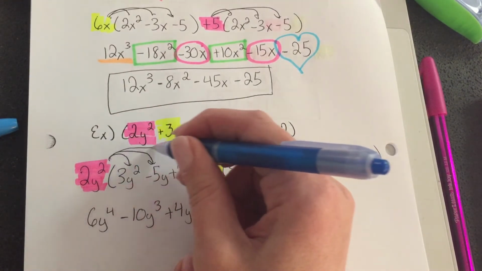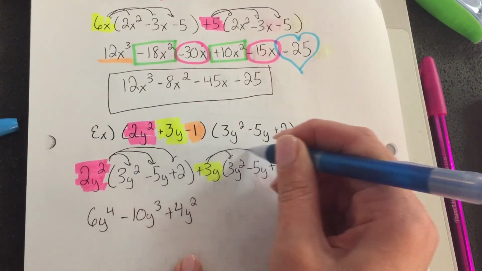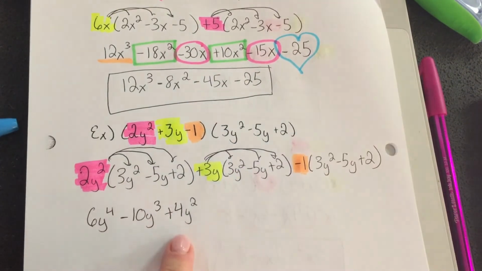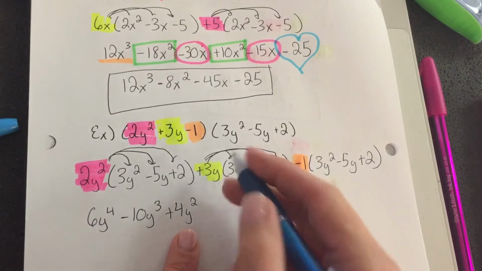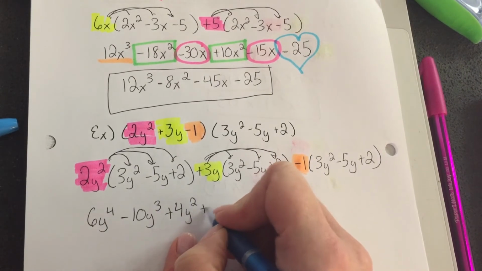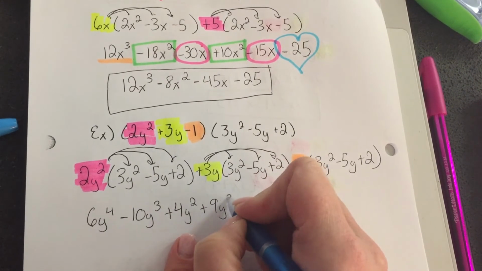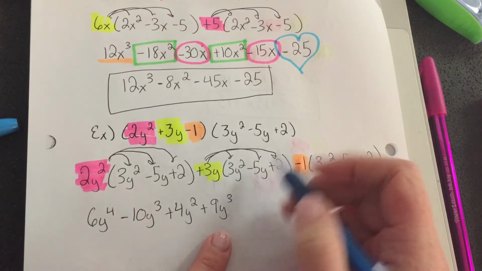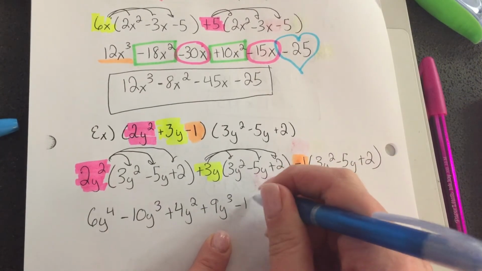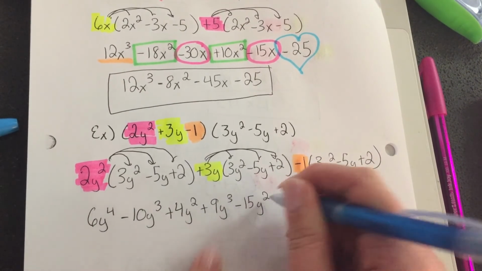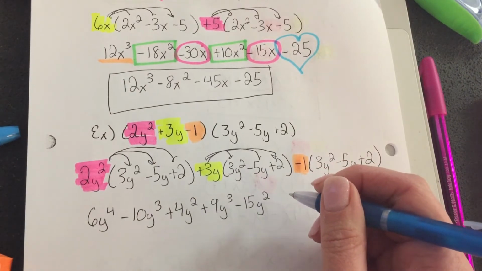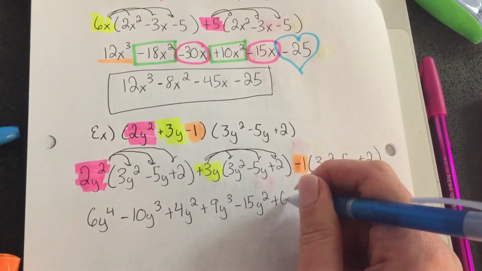Okay. Now we're going to distribute the 3y to these three terms. 3y times 3y squared is going to give us 9y cubed. 3y times negative 5y is negative 15y squared. And 3y times 2 is a positive 6y.